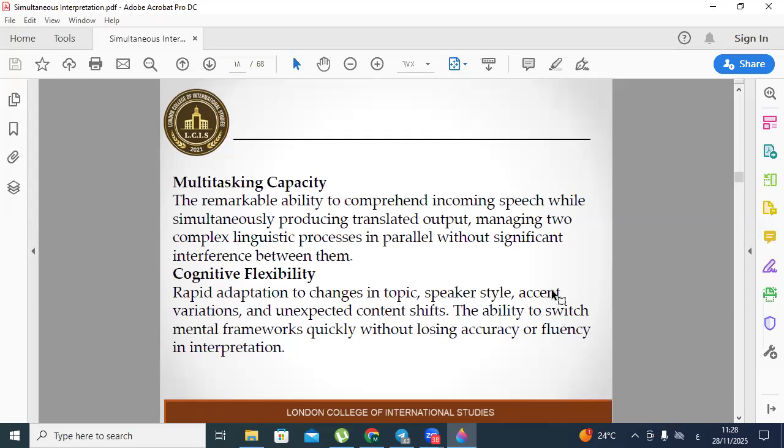Cognitive flexibility: rapid adaptation to changes in topic, speaker style, accent variations, and unexpected content shifts, the ability to switch mental frameworks quickly without losing accuracy or fluency in interpretation.